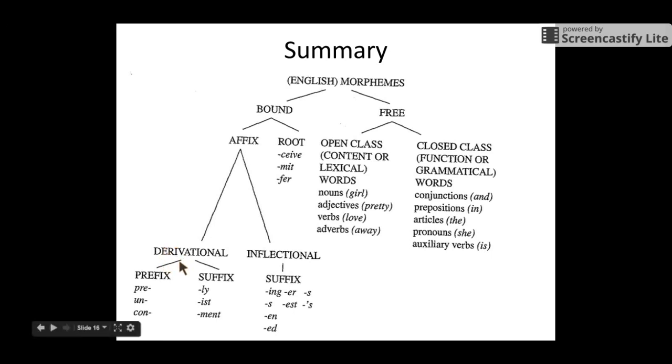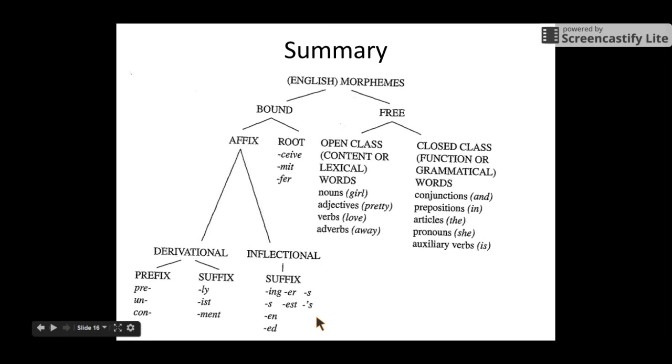Then, for affixes by position, we can have two types. If it attaches to the beginning of a stem, then it's called a prefix. And if the affix goes to the end of a stem, then it would be a suffix. And in English, all the inflectional morphemes are suffixes.